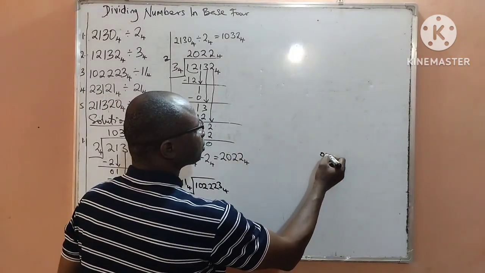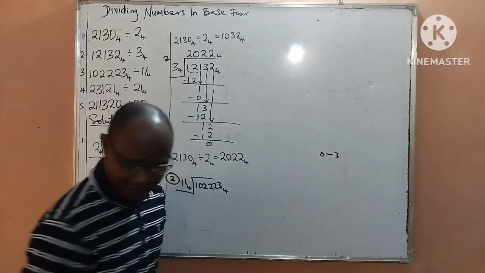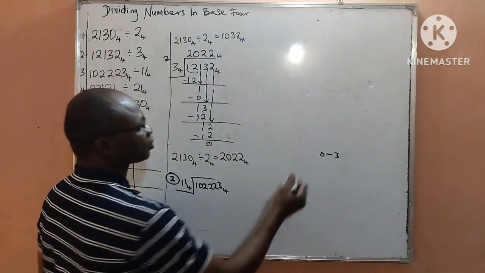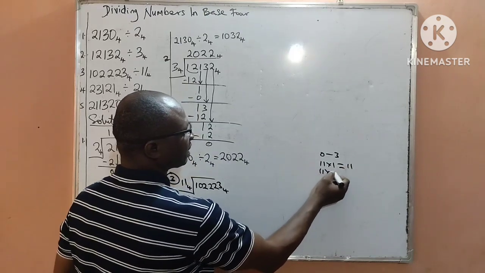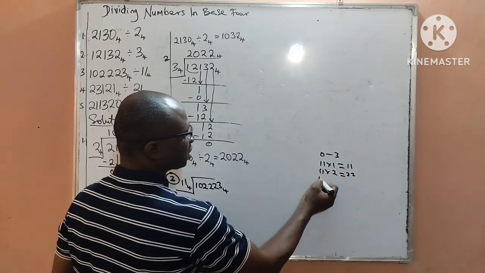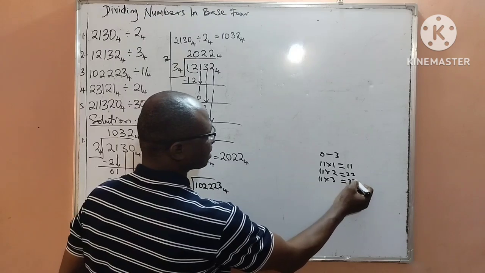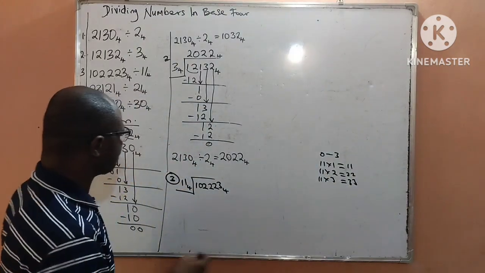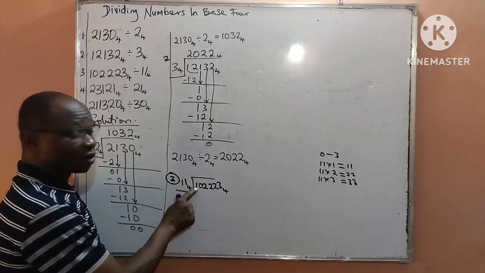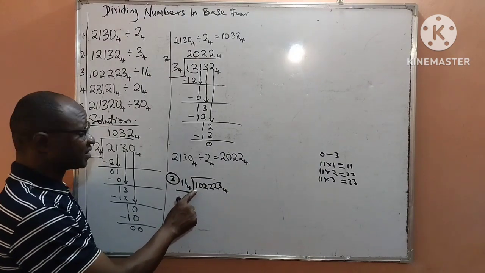The numbers 0 to 3 are the digits that we need. So I have 11 by 1 is 11, 11 by 2 is 22, 11 by 3 is 33, all in base 4.